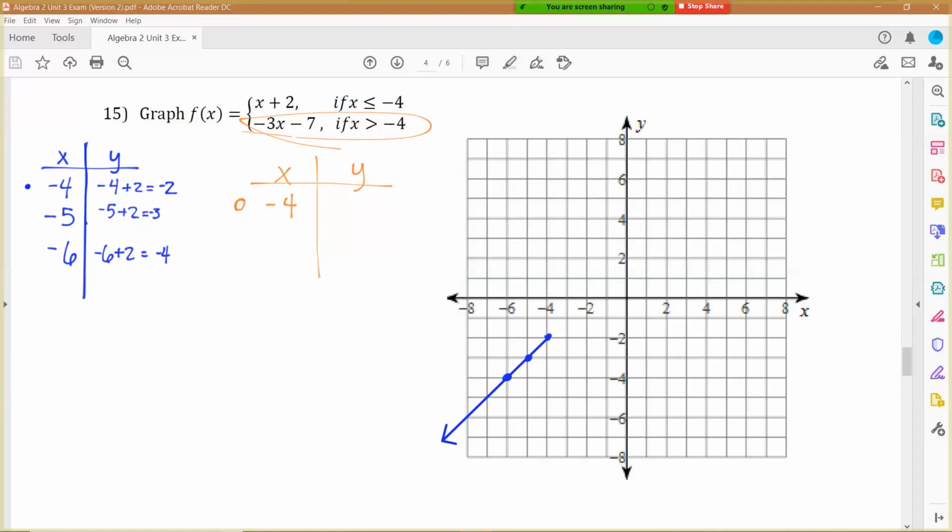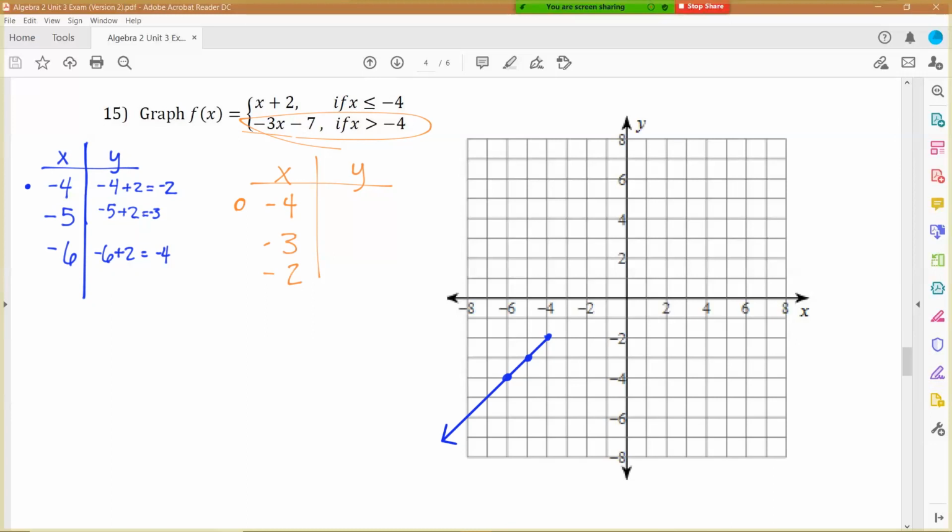So it's going to have an open circle at -4, and then I can use any number that's greater than -4. Let's do -3, -2. I was going to use 0 and 1 because they would be easy. Well, 1 won't fit on your graph though.